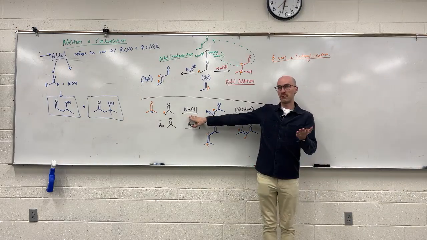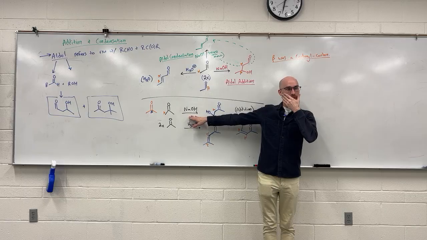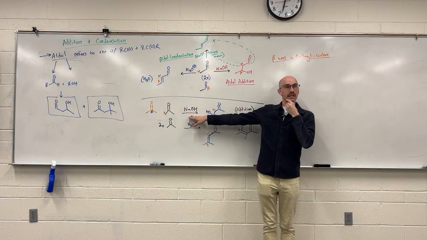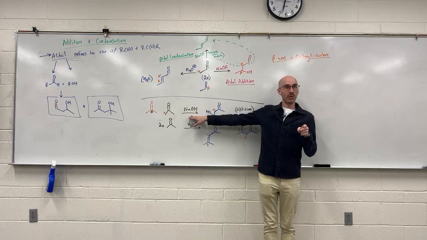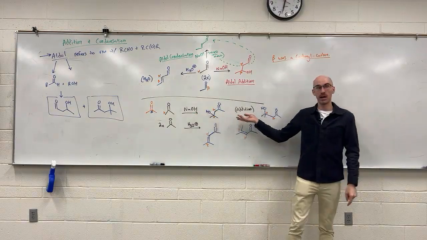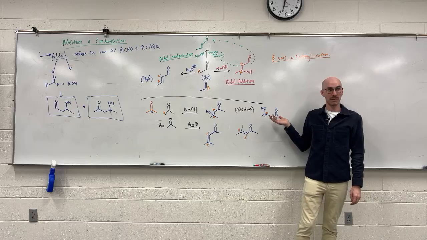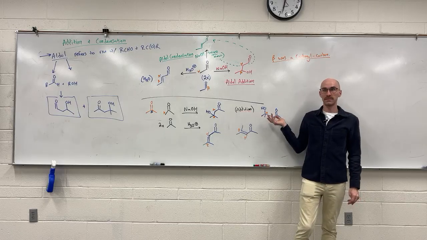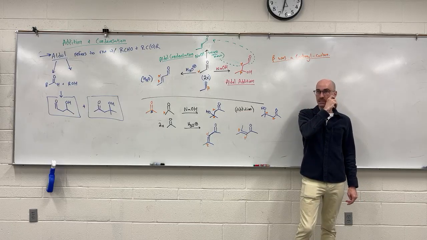if I'm, say, trying to halogenate at an alpha position, and I've got base in here and chlorine, well, it turns out my base can accidentally run addition between my two components.